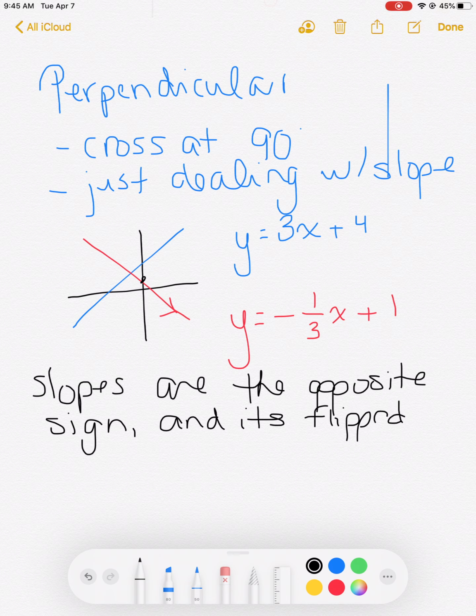Because you're all mathematicians, I am sure you remember that technically 3 is over the number 1, correct? Awesome. So if we flip this number, it's going to look like 1 over 3. And that's perpendicular, okay? It means it's the exact opposite.